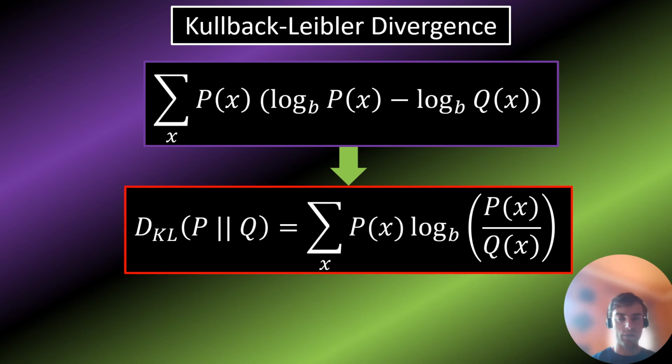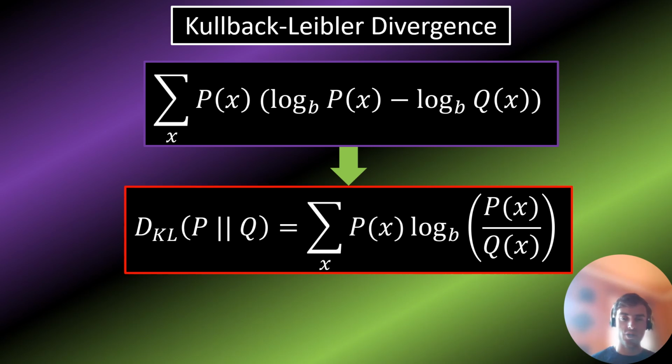And another thing I want to mention is that if you were to take dKL q double bar p, so you rearrange it so that p is in place of q and q is in place of p, then it's actually not equal. So that's why it's called a divergence and not a distance, because they're not equal.